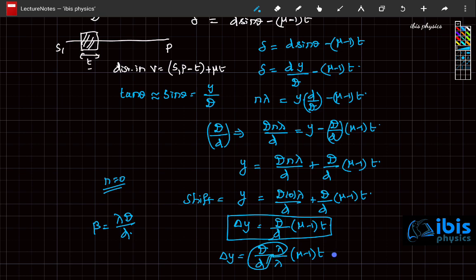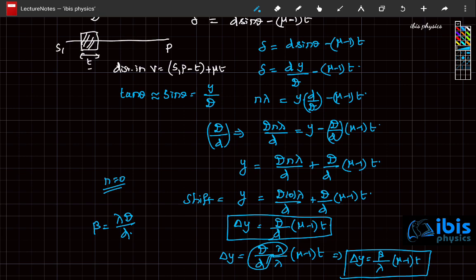So this lambda D by d is beta. So the shift in central maximum, let me call delta y, equal to beta by lambda into mu minus 1 into t. It's a very useful relation even for CBSE problems and NEET problems.